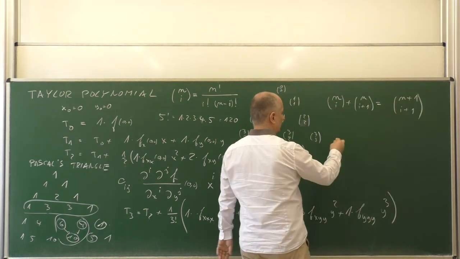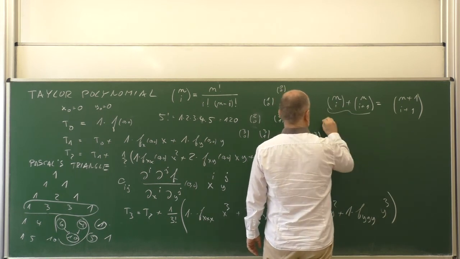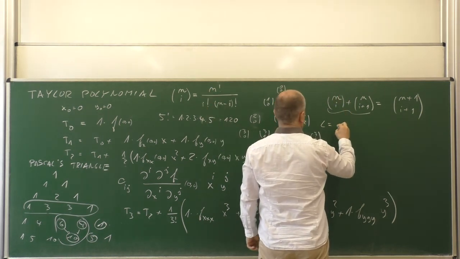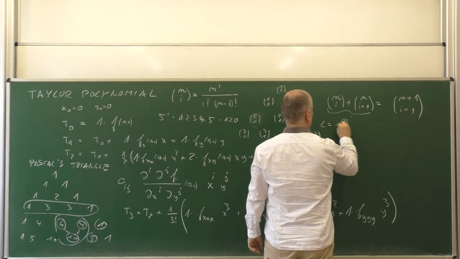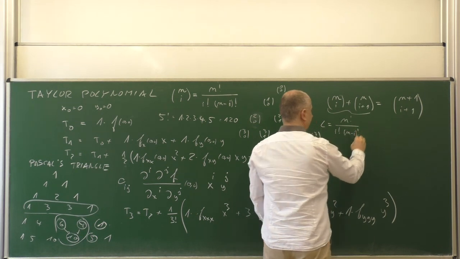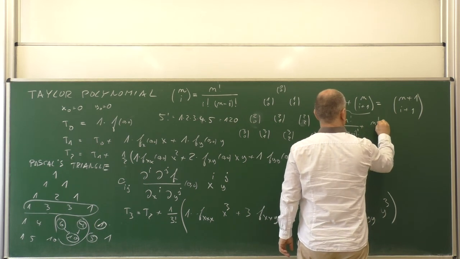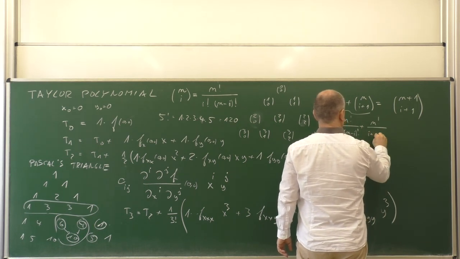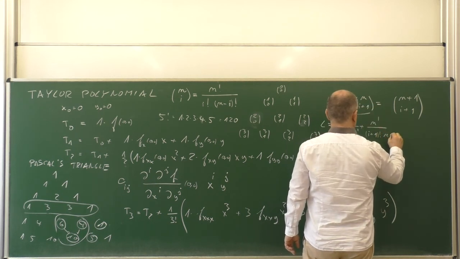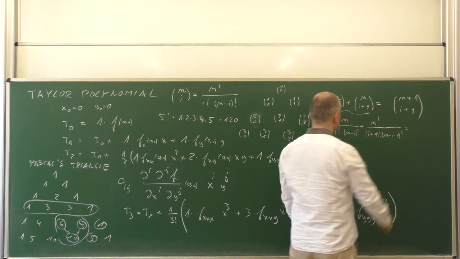And this is easy to show if we consider what is on the left. Then, using the definition of the binomial coefficient, it is n factorial divided by i factorial times n minus i factorial, plus n factorial divided by i plus 1 factorial times n minus i minus 1 factorial.